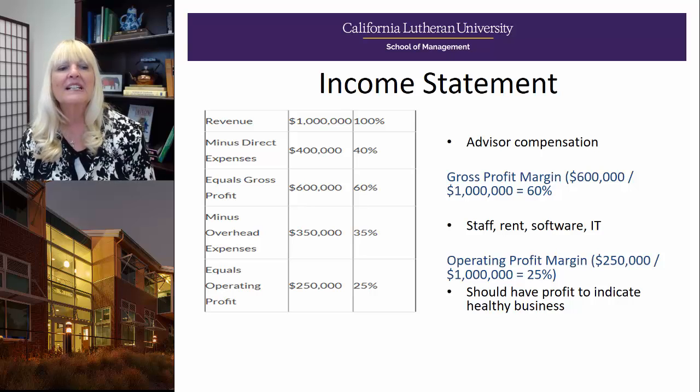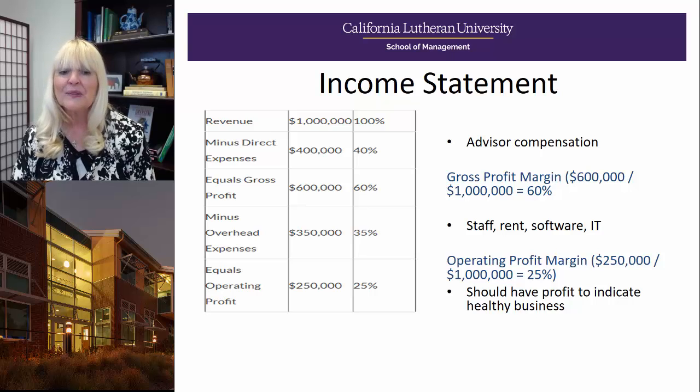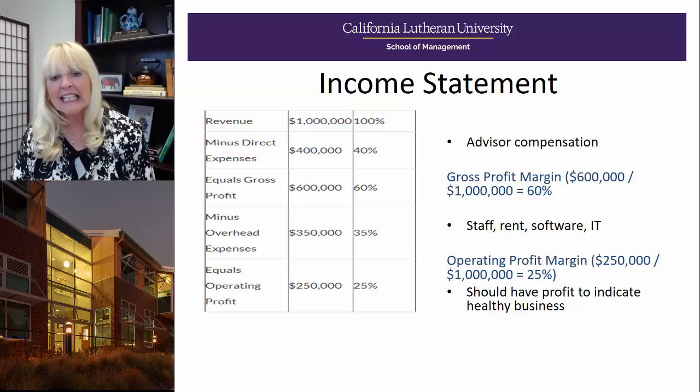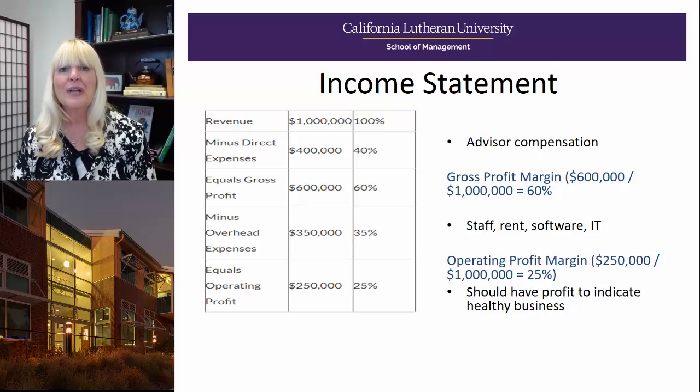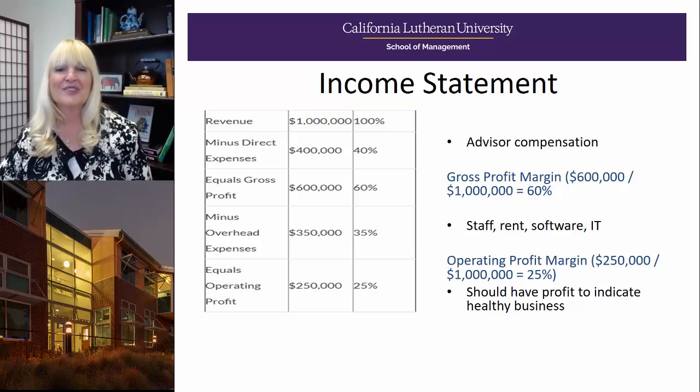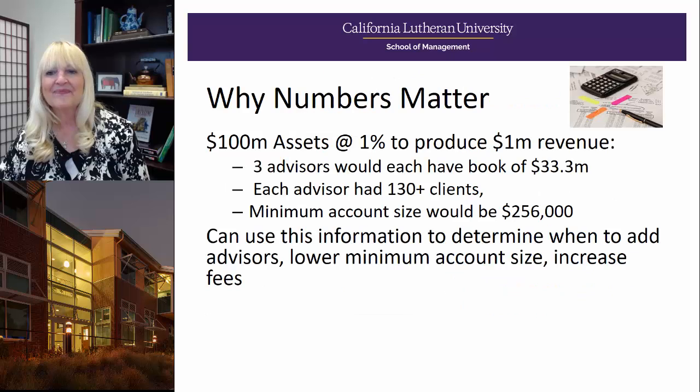Then you're going to subtract your overhead for your staff and your rent and your software and your IT. And so now we've compensated the advisors, we've done the overhead, and then you're going to want to make sure you have an operating profit of at least 25% to show that your business is healthy.